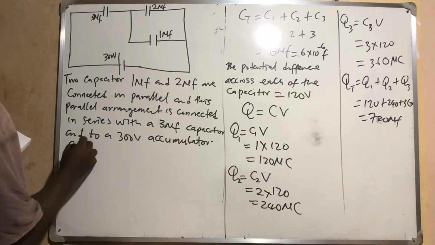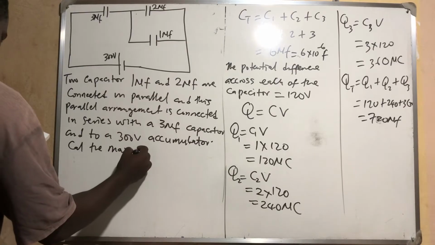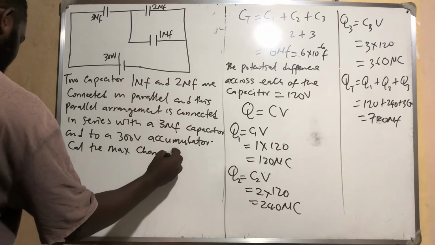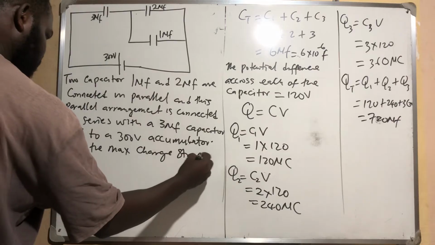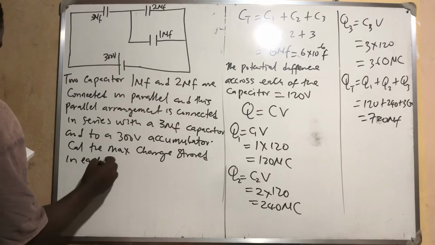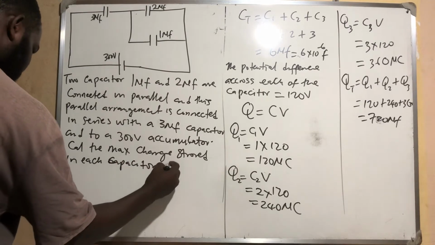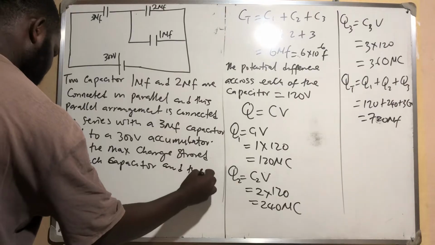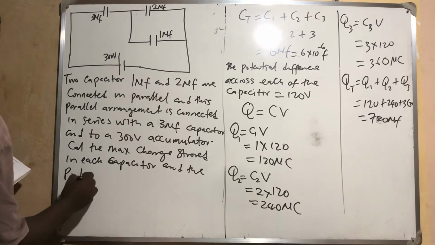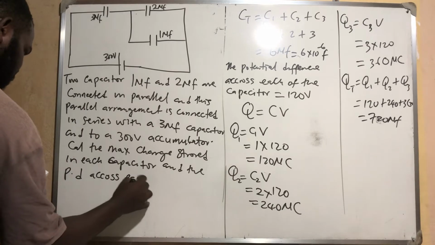Then I say calculate the maximum charge stored. Calculate the maximum charge stored in each capacitor, okay, and the potential difference across each.